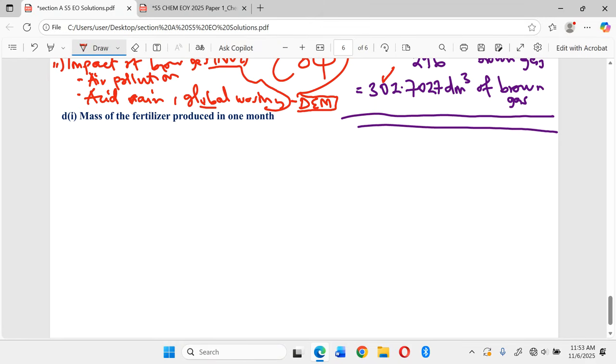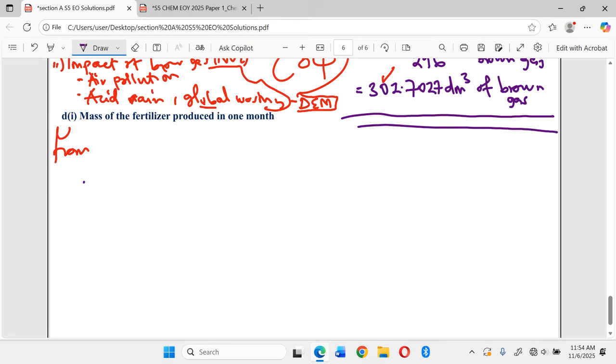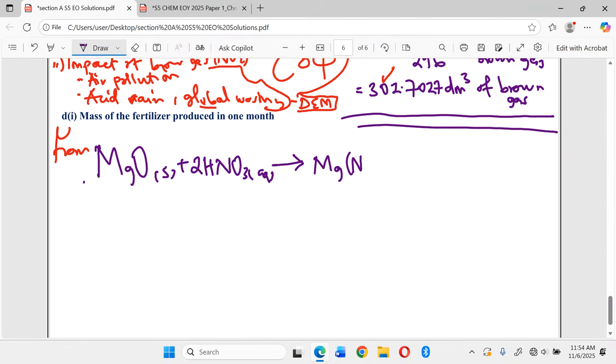So which means in this case, we shall still need our equation, which is magnesium oxide solid reacting with nitric acid aqueous to produce magnesium nitrate aqueous and water, which is a liquid.